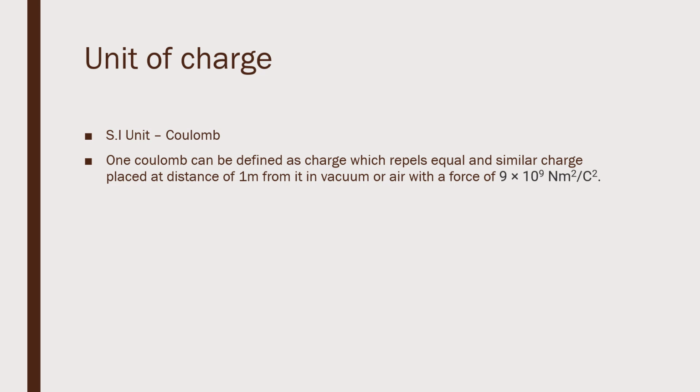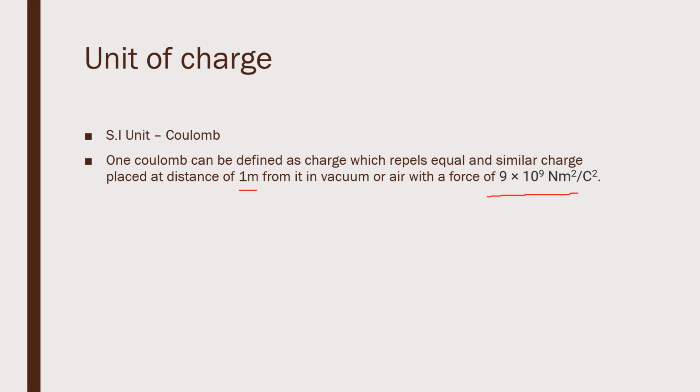Unit of charges. We are aware the SI unit is coulomb, and we can also define 1 coulomb. It can be defined as the charge which repels an equal and similar charge placed at a distance of 1 meter from it in vacuum or air with a force of 9 into 10 raised to power 9 Newton.